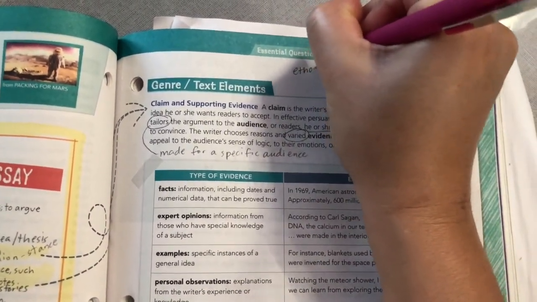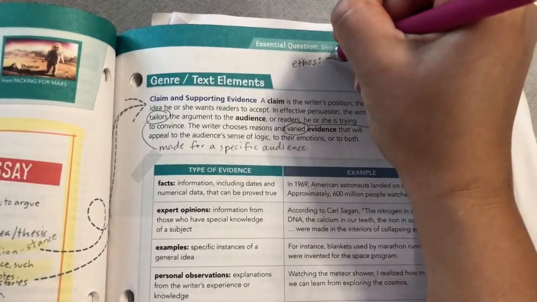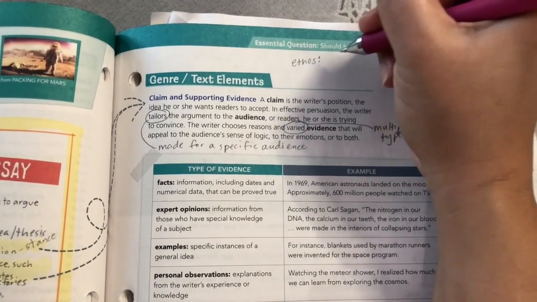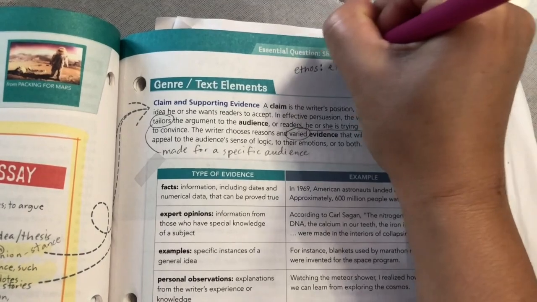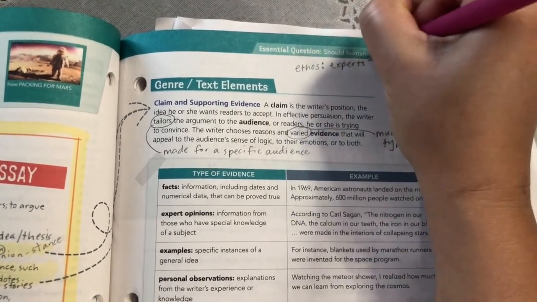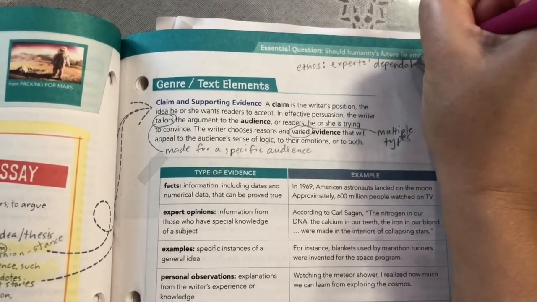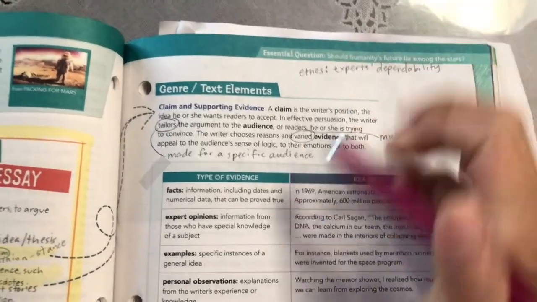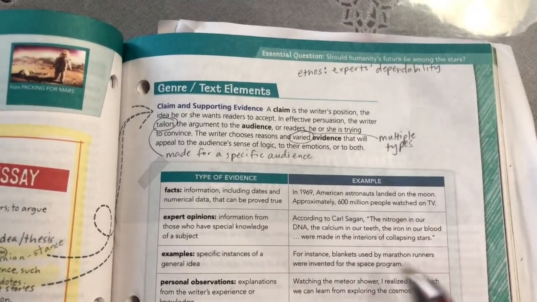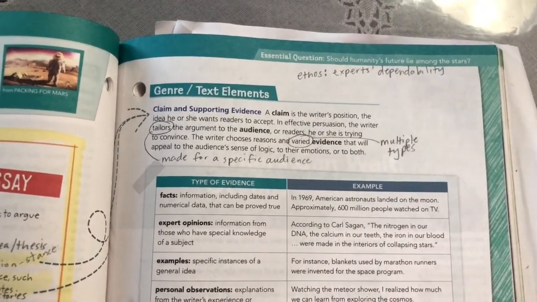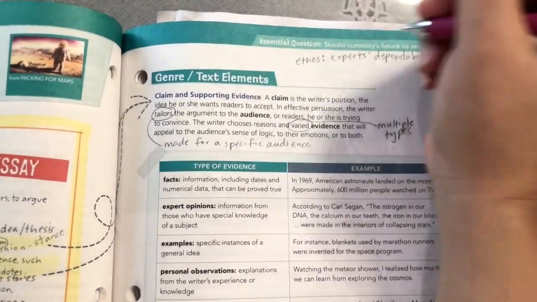So when we're talking about ethos, we're talking about your sense of trust about something else, okay? So usually ethos is experts' dependability. If I say that you should trust what I'm saying because I have been teaching for almost 15 years, I'm appealing to your sense of ethos, okay?